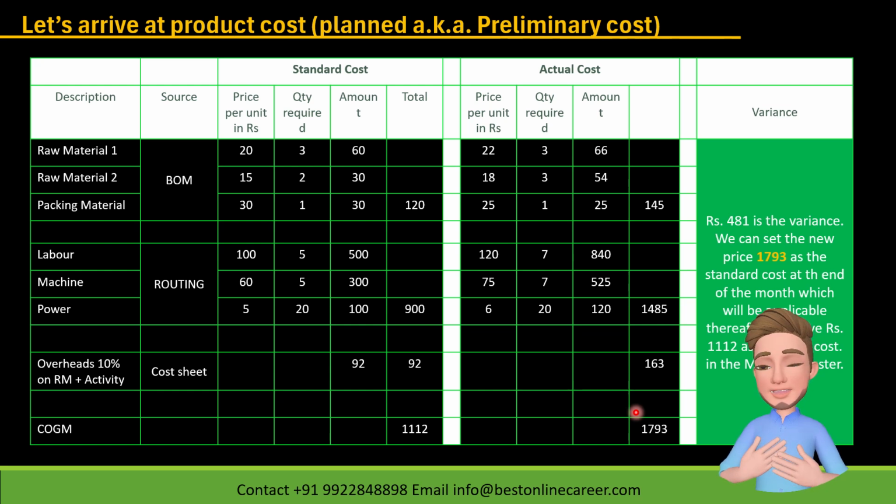Who is the culprit behind the increase of 481? Is it material? If it is material, which material hit my margins, etc.? Fair enough. So that is something we get through variance as part of settlement. Then as part of the subsequent costing run, we take these variances and load them back to the inventory.